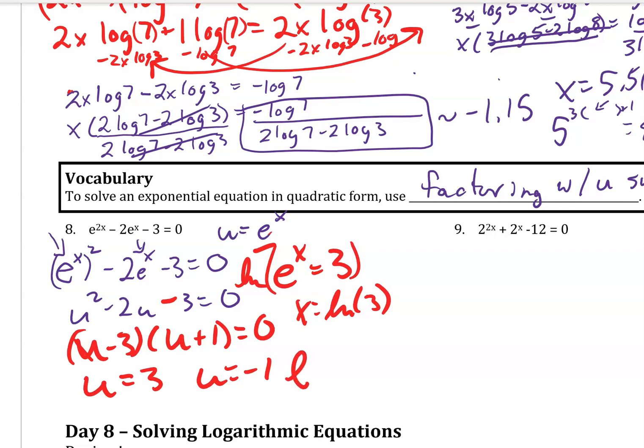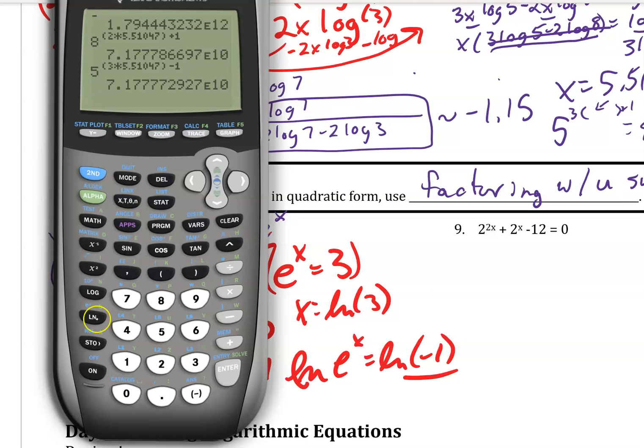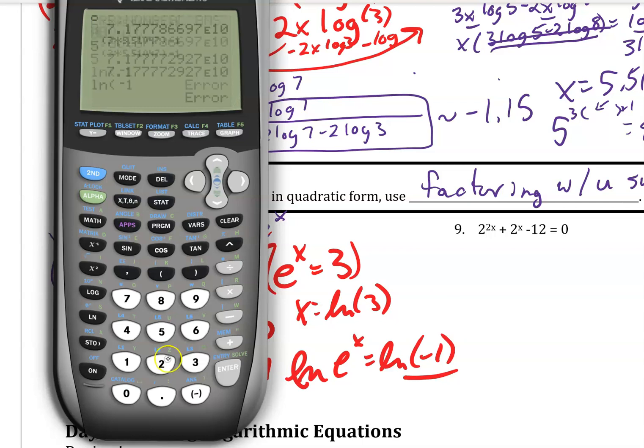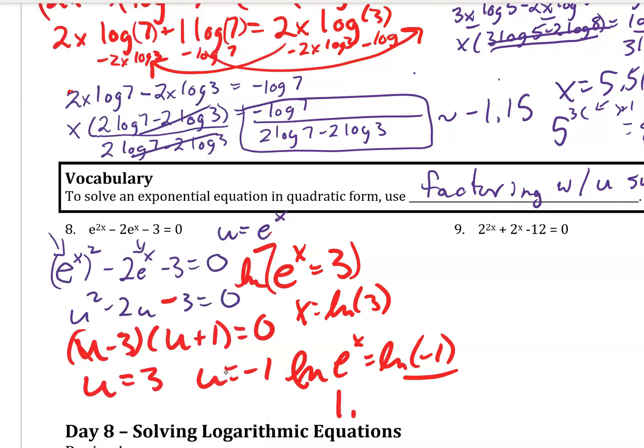Or e to the x equals negative 1, so ln of negative 1. Let's see what that is. ln negative 1, there isn't one. It's a non-real answer. Let's take a look at the ln of 3, though. 1.098. So 1.10 approximately is what x equals.